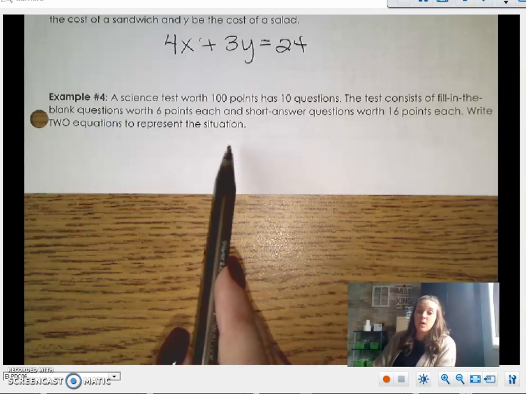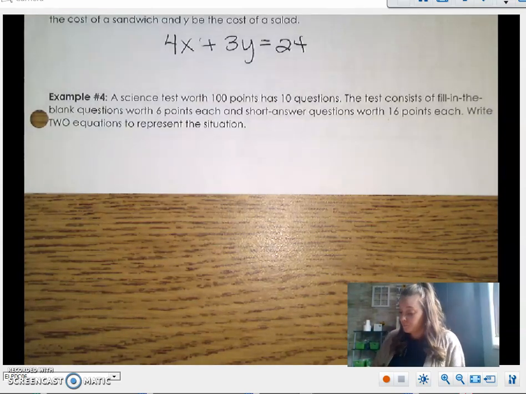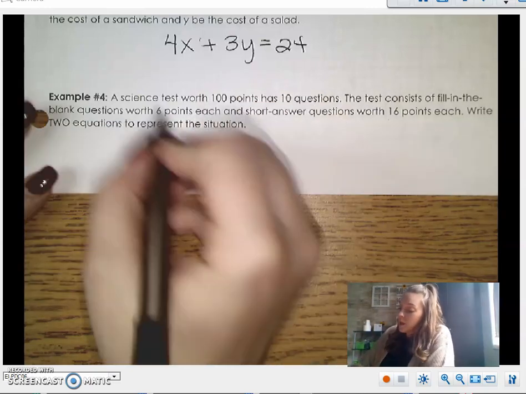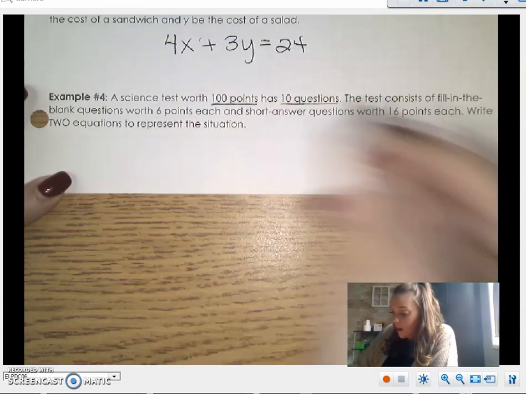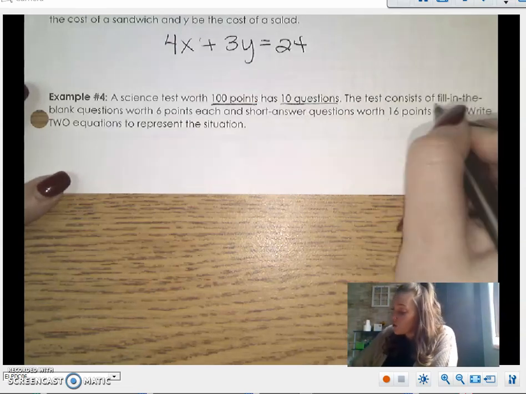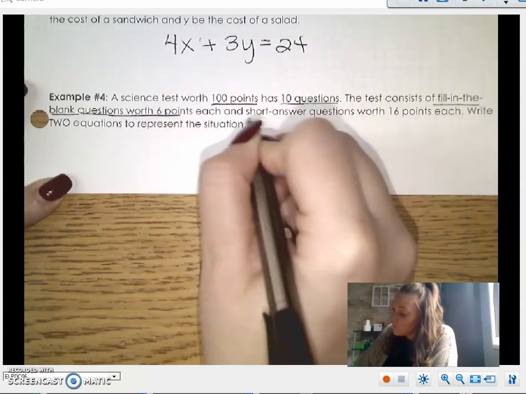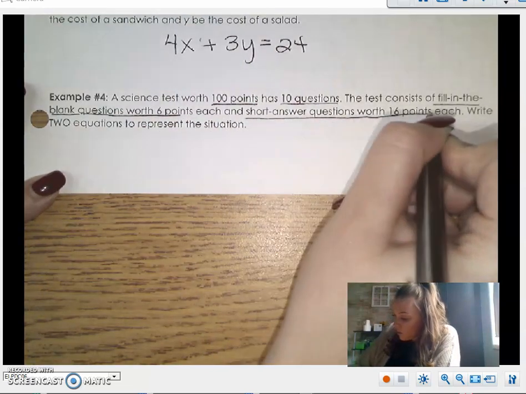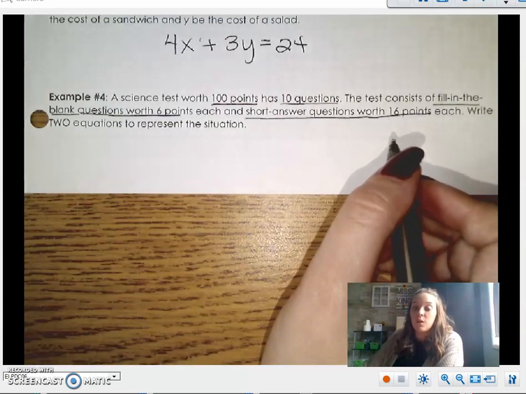Write 2 equations to represent the situation. All right, so this problem, there's a lot of information. First they say that the science test is worth 100 points and has 10 questions. There's fill in the blank questions worth 6 points and short answer questions worth 16 points. And they want 2 different equations.